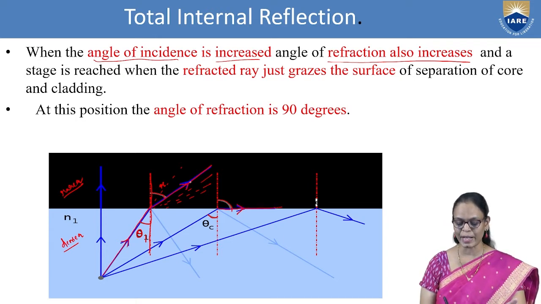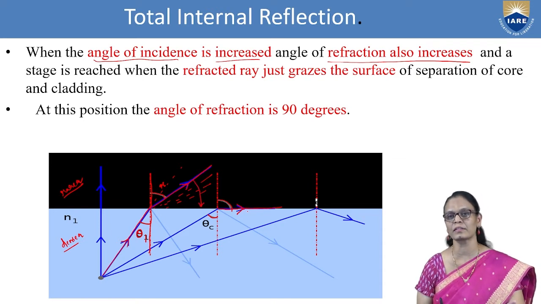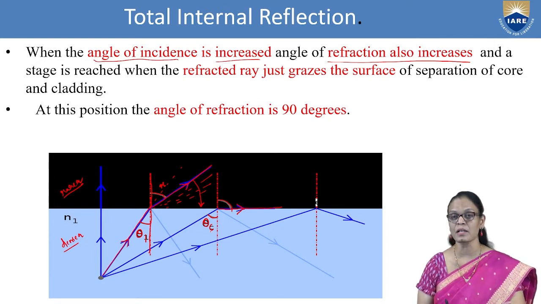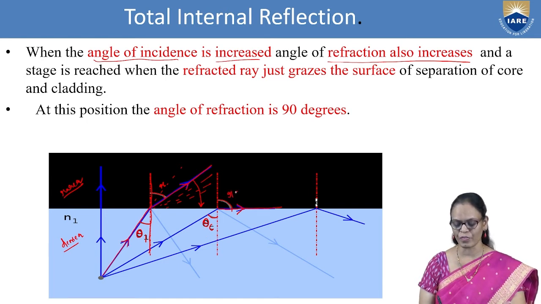Means it is bending away and away from the normal and it is now coming and touching the surface. So this particular angle of incidence at which the refracted ray grazes the surface, we call it as critical angle. And at this position, at critical angle, the angle of refraction is 90 degree.